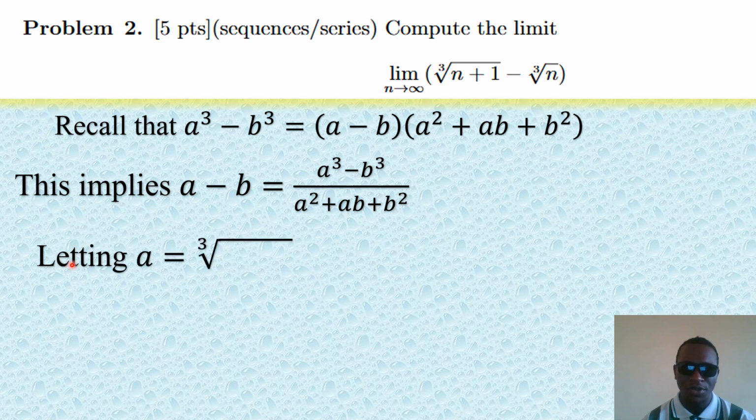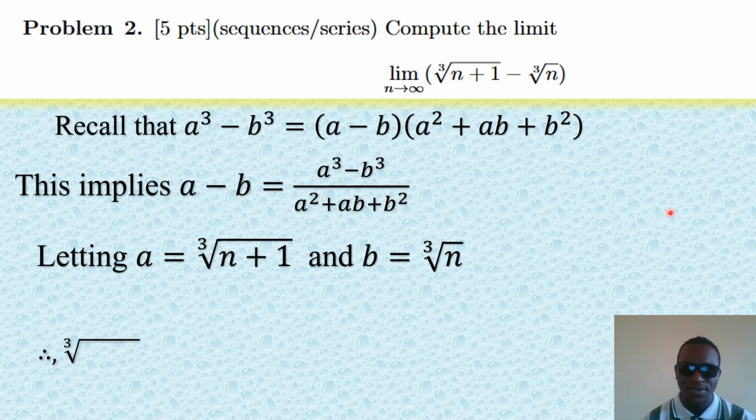From here on, we are going to let a be this first part of the expression, while minus b will now become the second part, as you can see here, so that we'll be able to utilize this identity that we have deduced from this one.